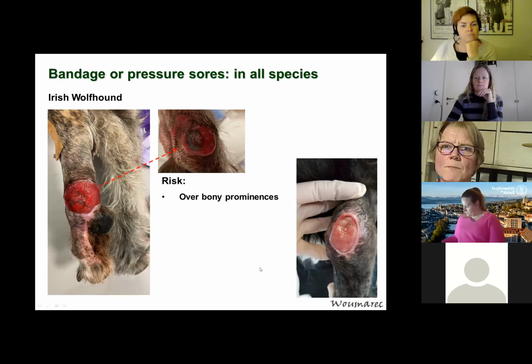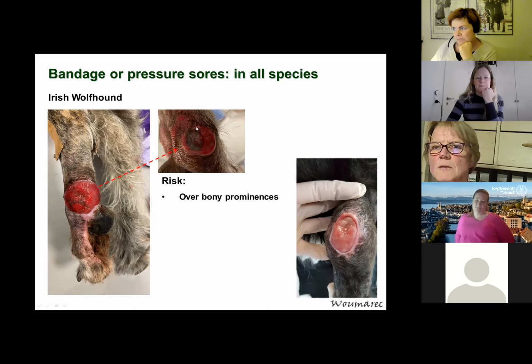I have a few examples of bandage or pressure sores. This is an example of an Irish wolfhound that had an amputation of this toe, and at the medial side of the leg you can see that quite a deep pressure sore developed, so over the bony prominences.